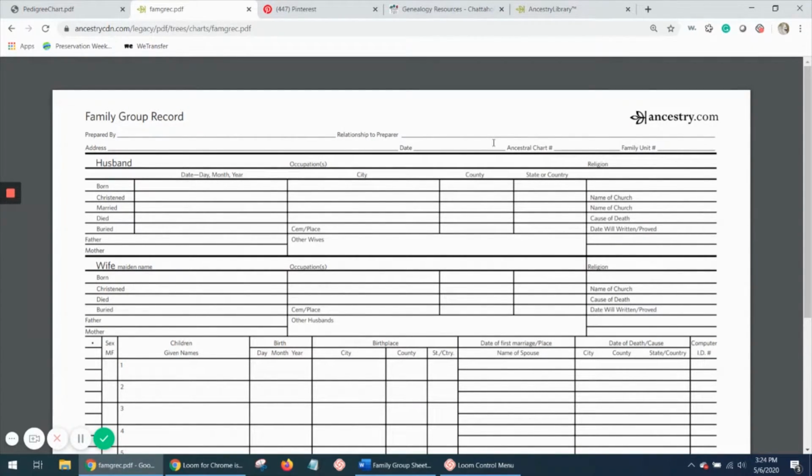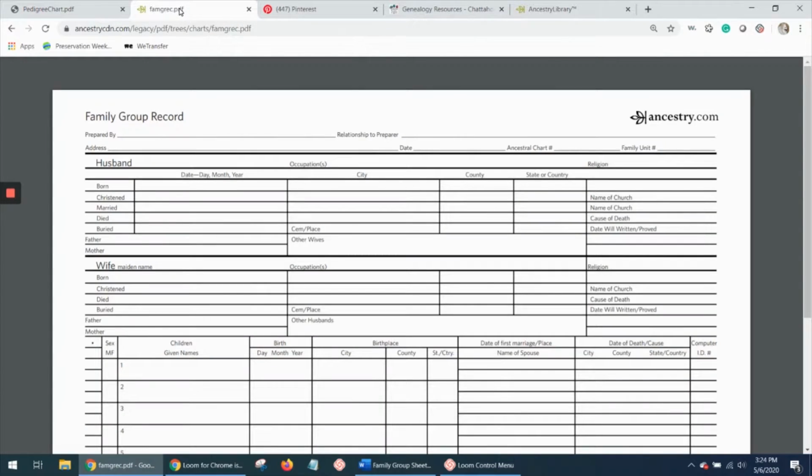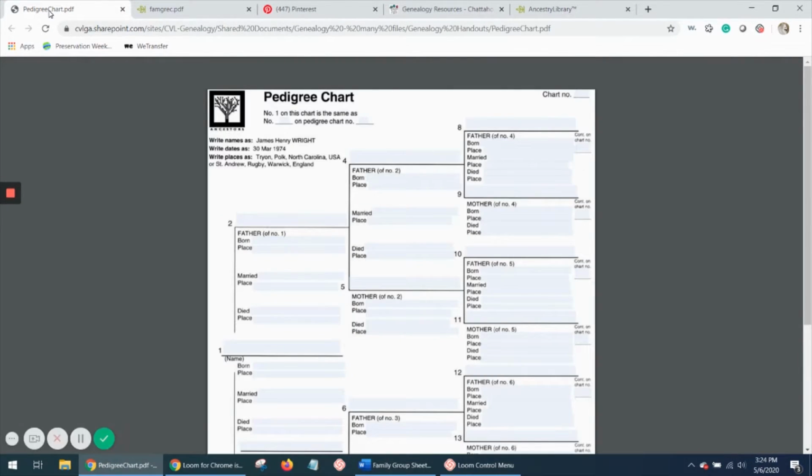And there are two other items over here, your ancestral chart and your family unit. These might be a little confusing, so let's go over what they mean. Ancestral chart means the same thing as a pedigree chart. When you fill out your ancestral chart number right here, that comes from your pedigree chart.